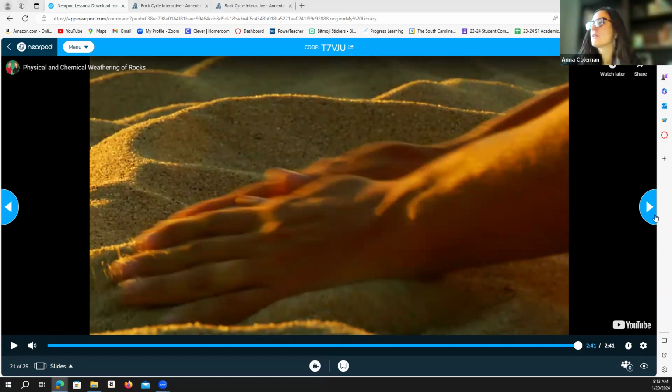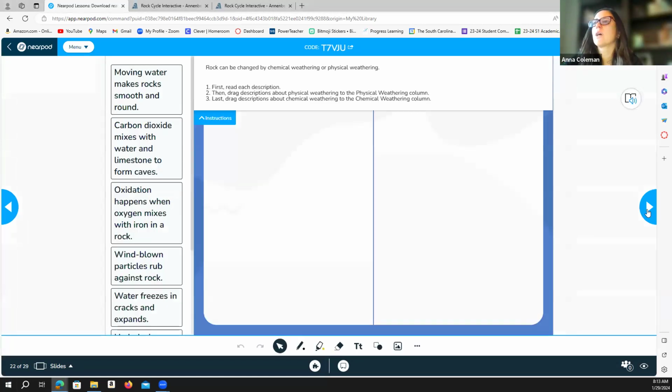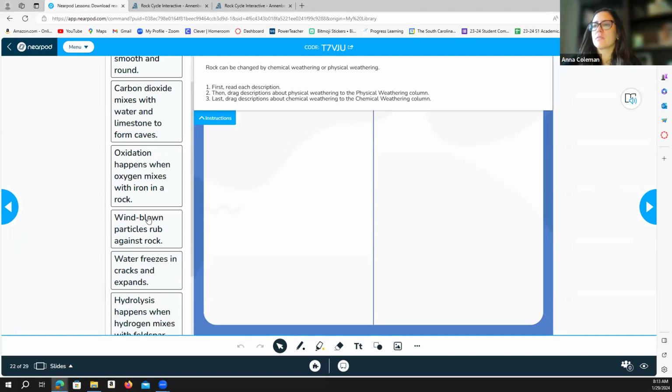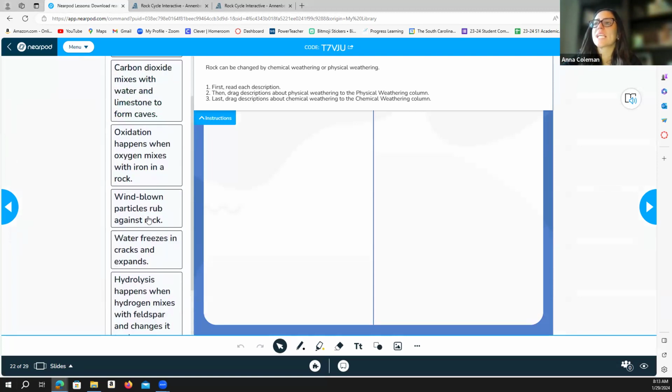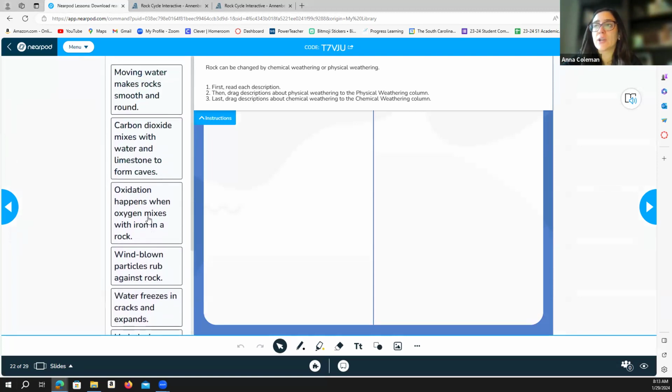All right, guys. So rocks can be changed by either physical weathering or chemical weathering. I want you to read the description first. Read each description, then drag the description about physical weathering to the physical weathering column.